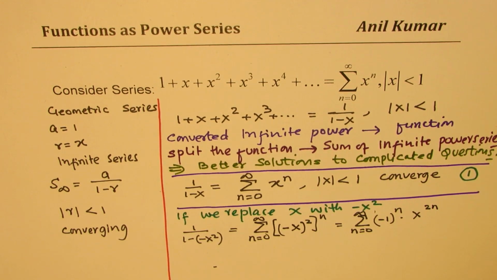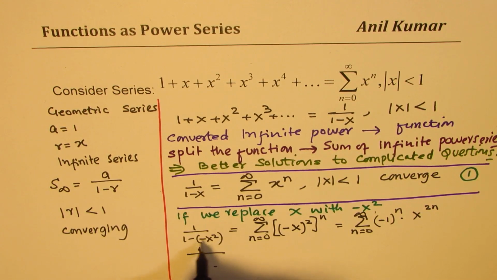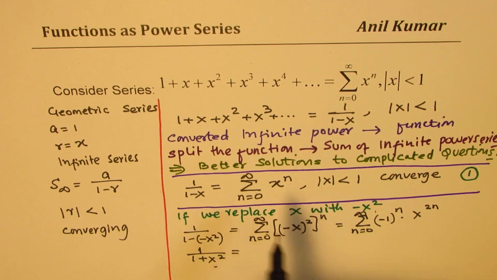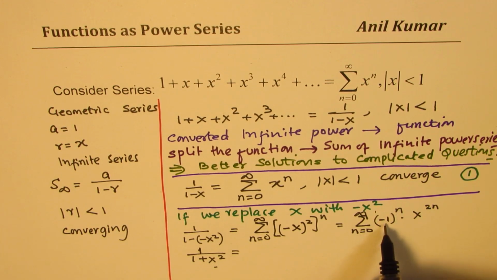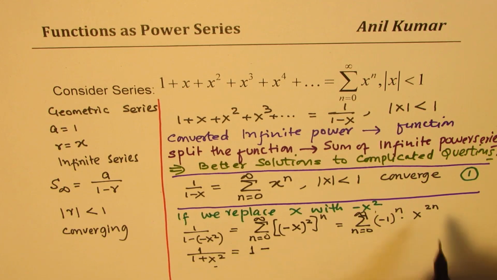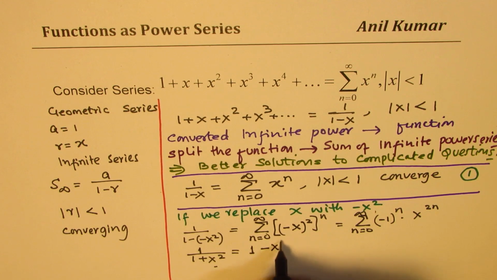So we get a new function now, right? So this is a new function which could be written as 1 over, when you open this up, 1 plus x squared, right? And if I want to write it as infinite elements, let us see how to expand it. If n is 0, then this is going to be 1, so we get 1. If n is 1, this is negative, and here we get x squared, so we get minus x squared.